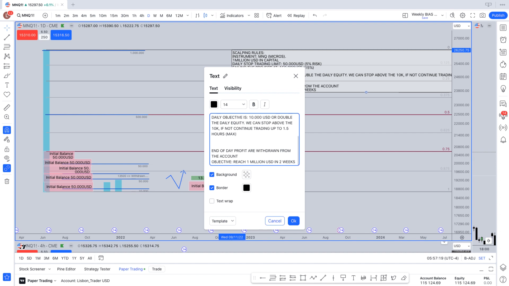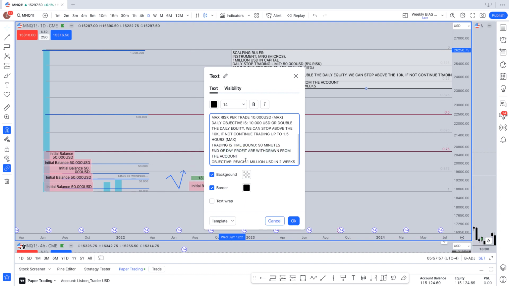So which means that trading is time bound, so up to 1.5 hours, so it says 90 minutes in trading, and end of day profit is withdrawn from the account.